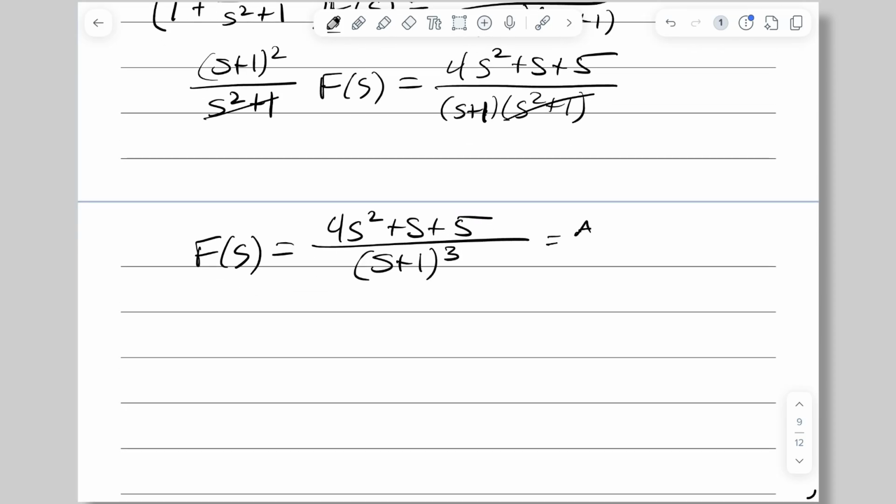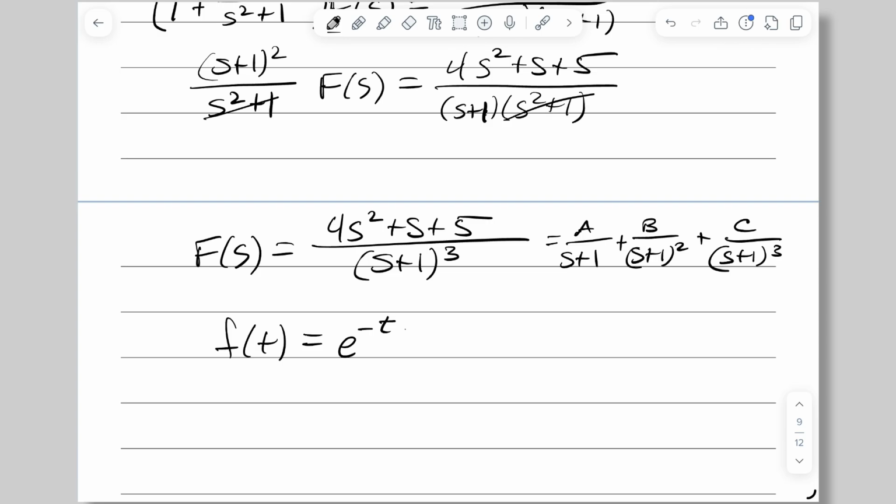I'll just say that that's going to be A over s plus 1 plus B over s plus 1 the quantity squared plus C over s plus 1 the quantity cubed. I will let you verify that when all is said and done and we apply the inverse transform, f of t is equal to e to the negative t times the quantity of 4 minus 7t plus 4t squared.